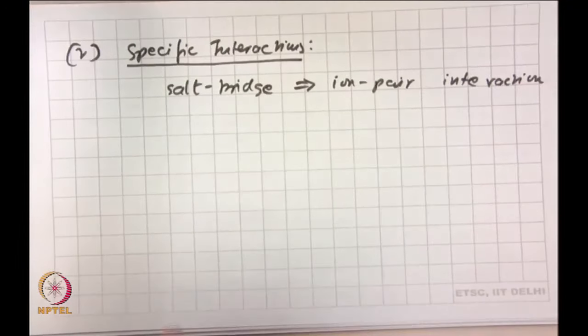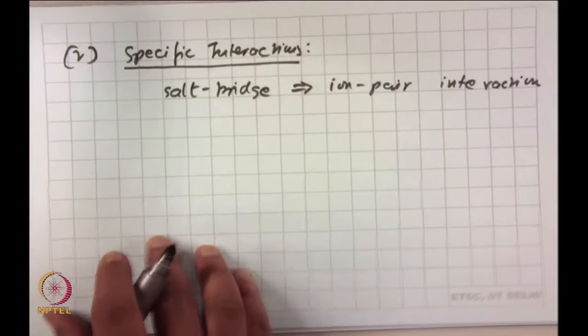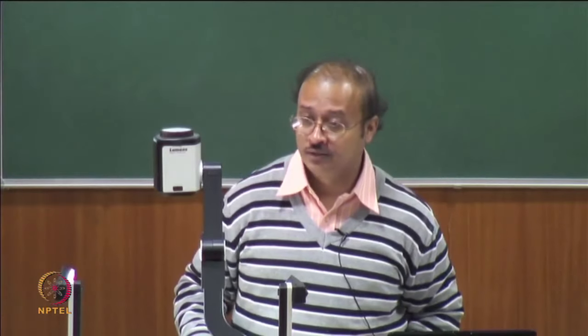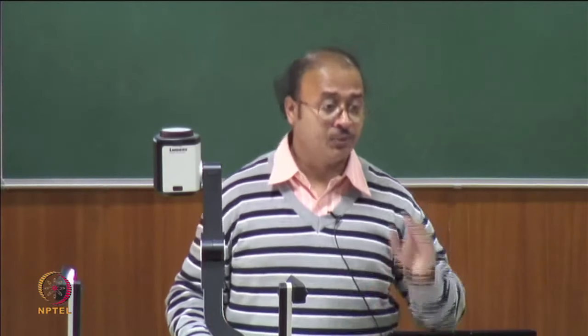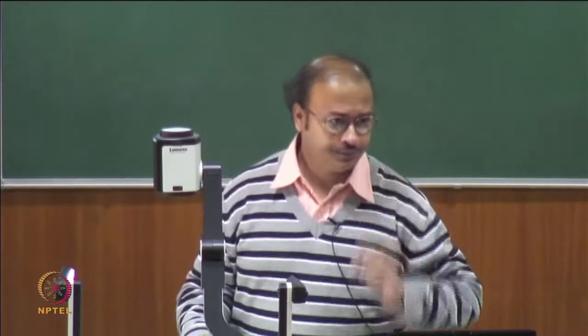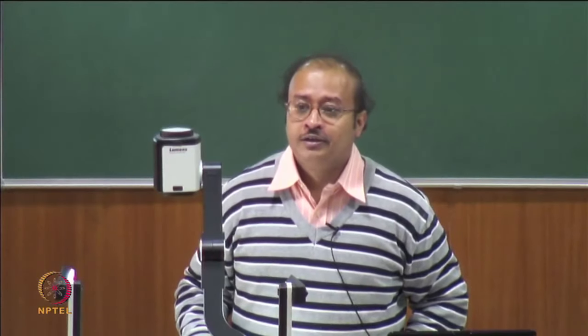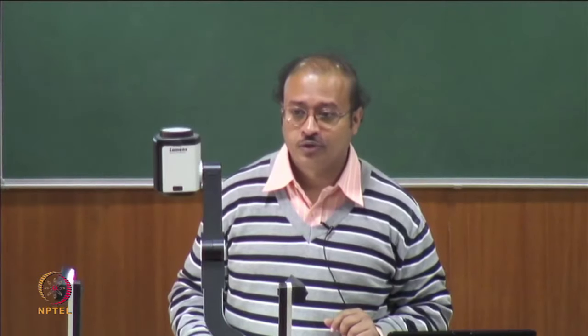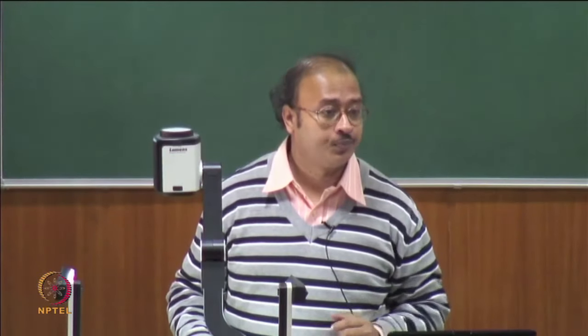Now, if I ask you this, do you think this salt bridge or ion pair interaction is the most dominant force in protein folding? What do you think? Yes or no? Do you think it is? Someone is saying no. How would you prove that it is no?